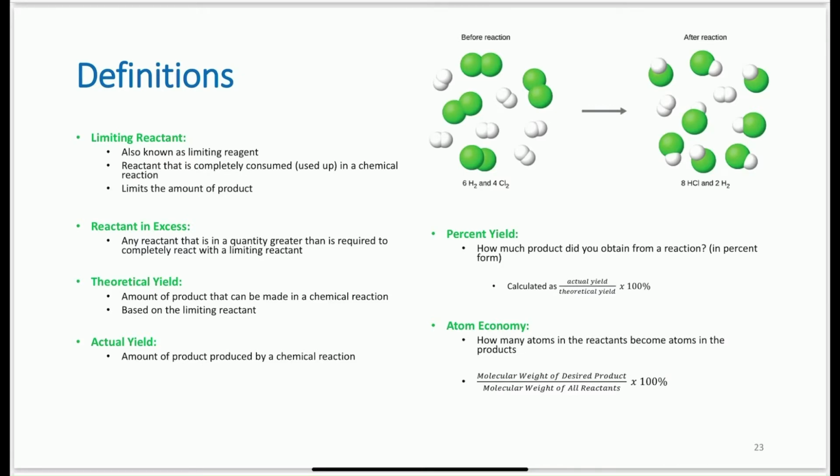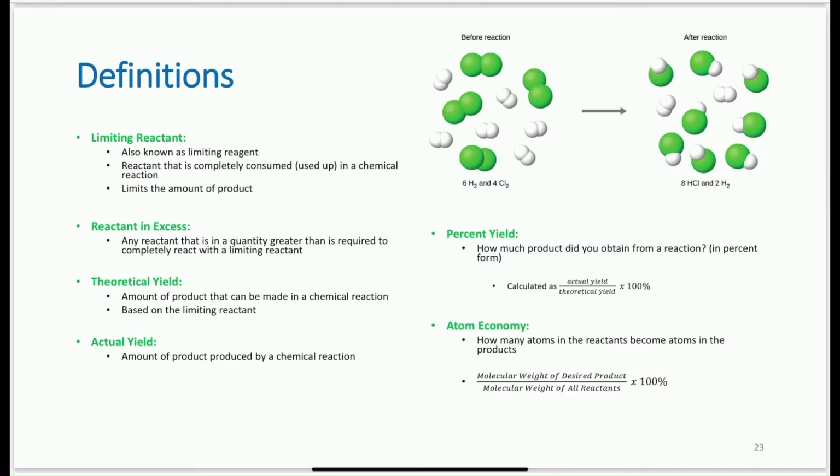So remember, law of conservation of mass, everything that goes in must come out. Atom economy is looking at, we put all this in, depending on what comes out, what do we actually want that's coming back out? Whereas percent yield is really looking at, this is how much I should be able to make, how much did I make?